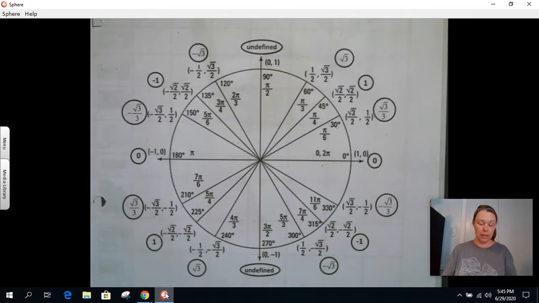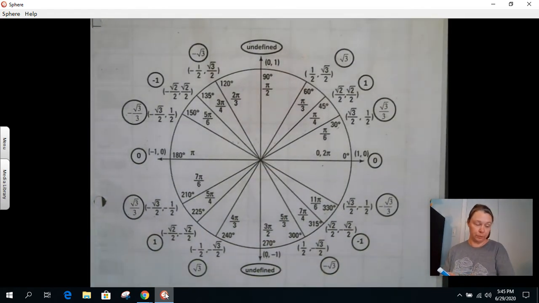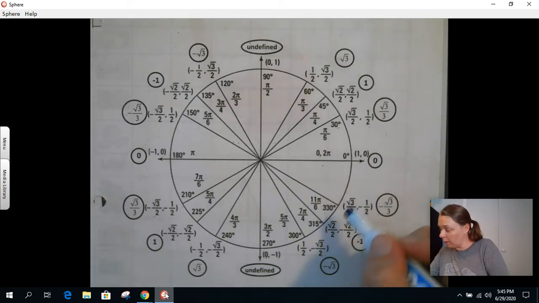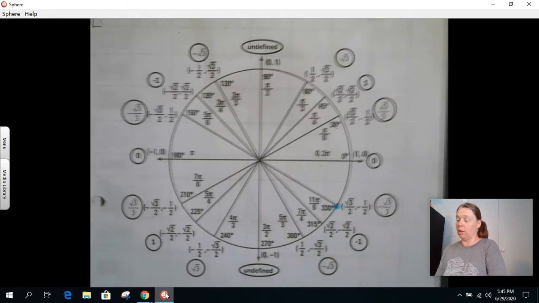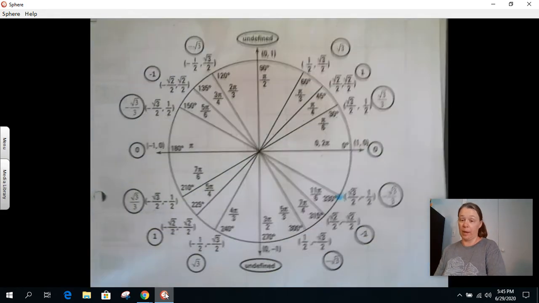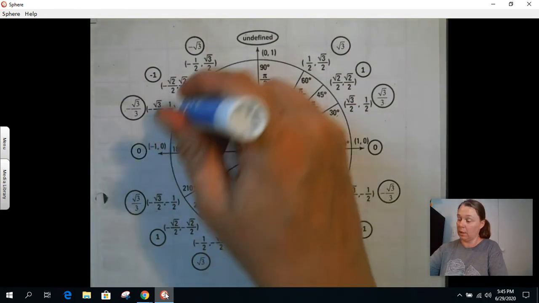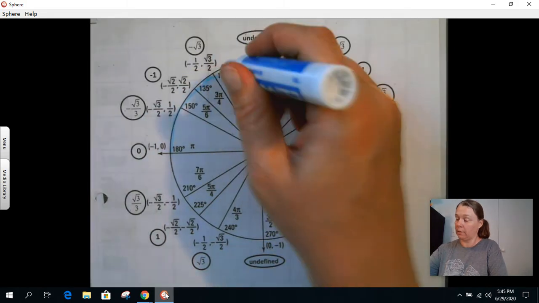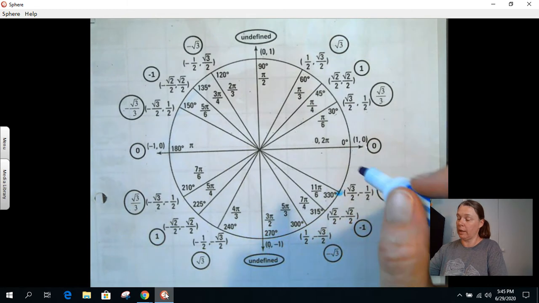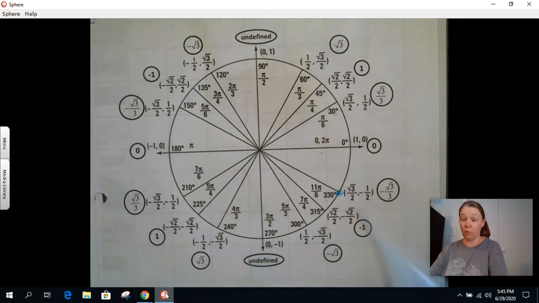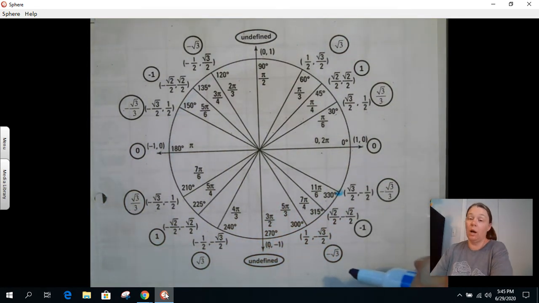Okay, so then let's take a look at part C. For part C, we were over here, and this was a rotation of negative 7 pi over 6, right? So that was a rotation of negative 7 pi over 6, but then with a radius of negative 3.